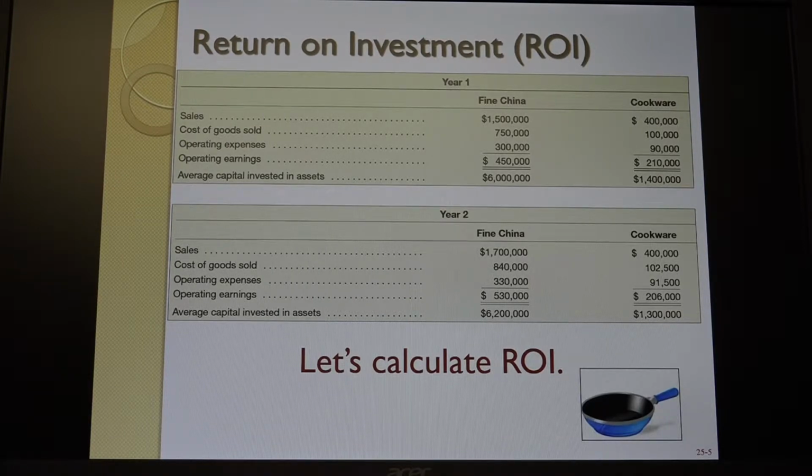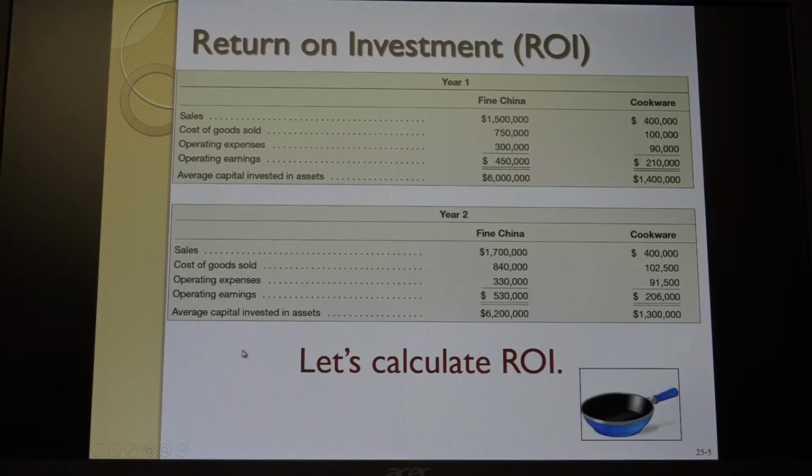You've got sales, you've got your operating earnings for both. You also have your average capital invested in assets, so they give you that number.